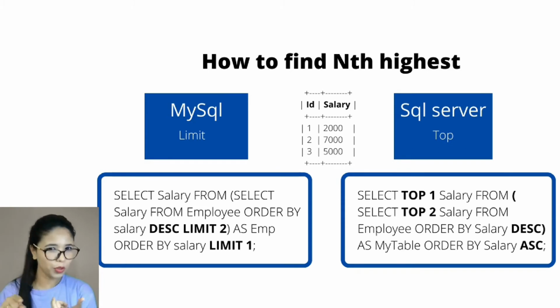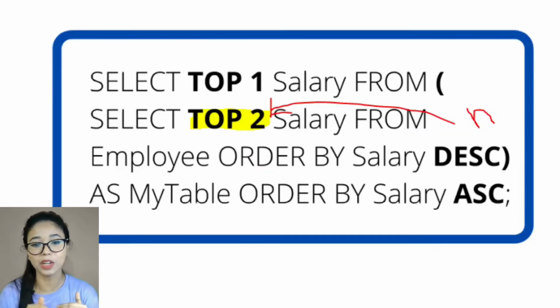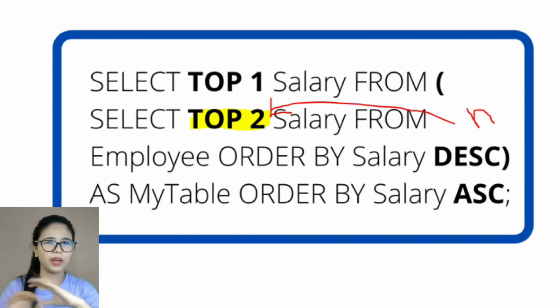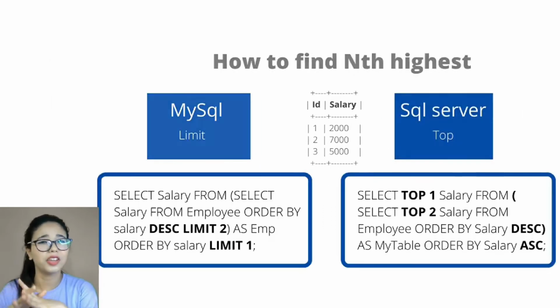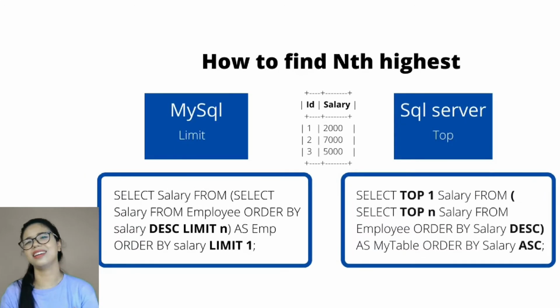Instead of top 2, you need to replace it with n: 3, 4, 5. So let's jump to the inner query. Select top n salary from employee, order by salary in descending order. The inner query is going to change, but the upper query is going to be the same. So that's the only difference between nth highest salary and second highest salary.